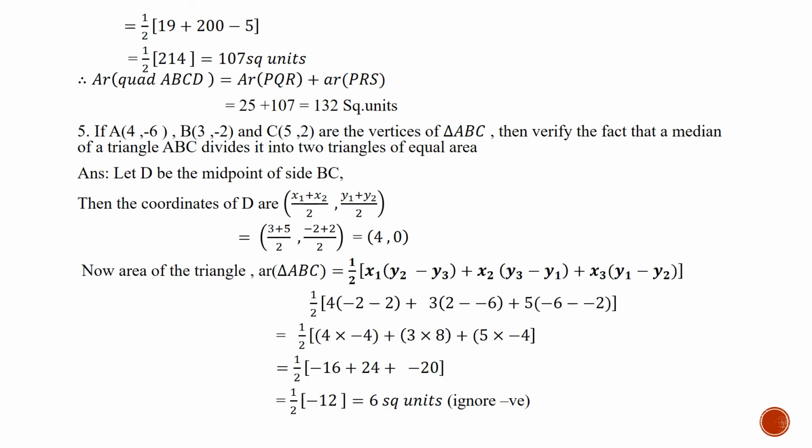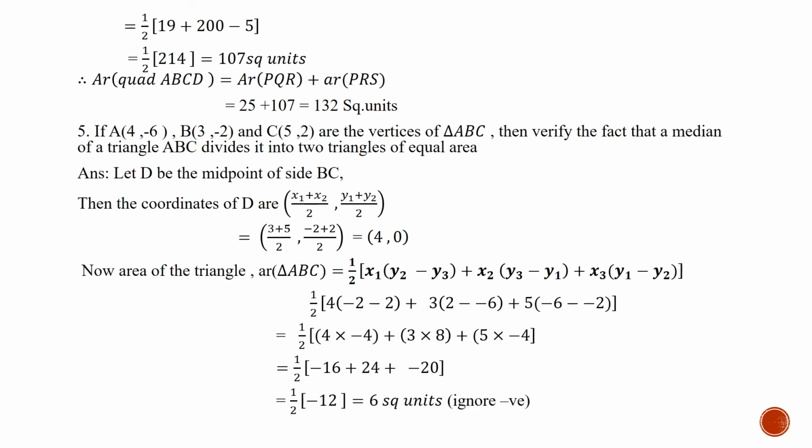Our answer will be half into 19 plus 200 minus 5, which is equal to half into 214, which is equal to 107 square units. Therefore, area of the quadrilateral PQRS is equal to 25 plus 107 equal to 132 square units.